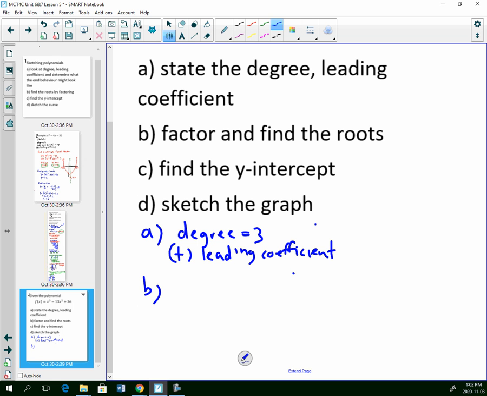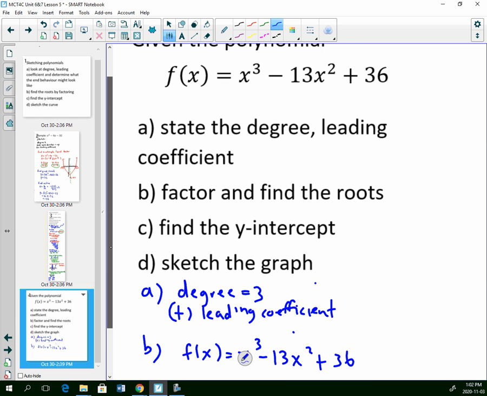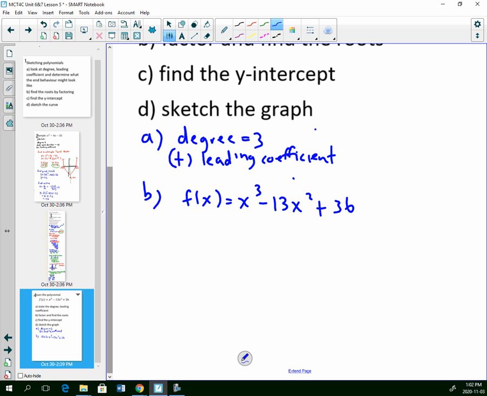Okay, so let's see if we can factor this. Negative 13x squared plus 36. Okay, so we have a constant of 36.